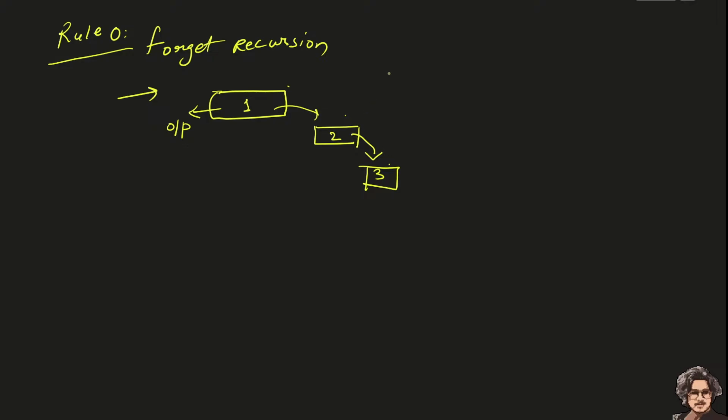That means I am calling myself. Right now I am recalling my previous step. Someone else will solve the smaller problem. This one says to solve the problem, go to two, and two says to solve it, go to three.